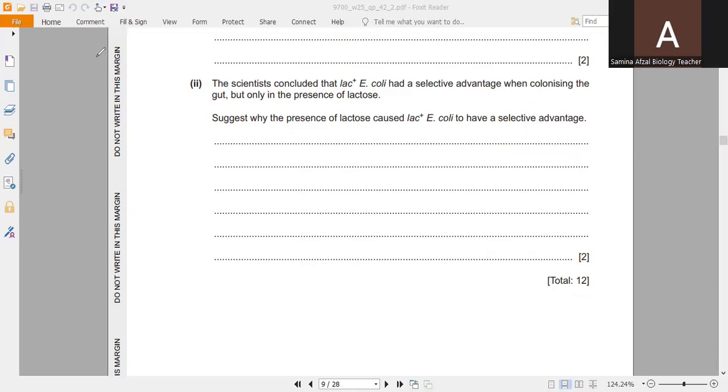So in an environment where lactose is present, bacteria can use it as a respiratory substrate, whereas the lac minus bacteria cannot do that. Because they have access to more energy, lac plus bacteria can grow and divide faster than lac minus bacteria. So over time, the lac plus bacteria outcompete the lac minus bacteria, increasing their frequency in the population.